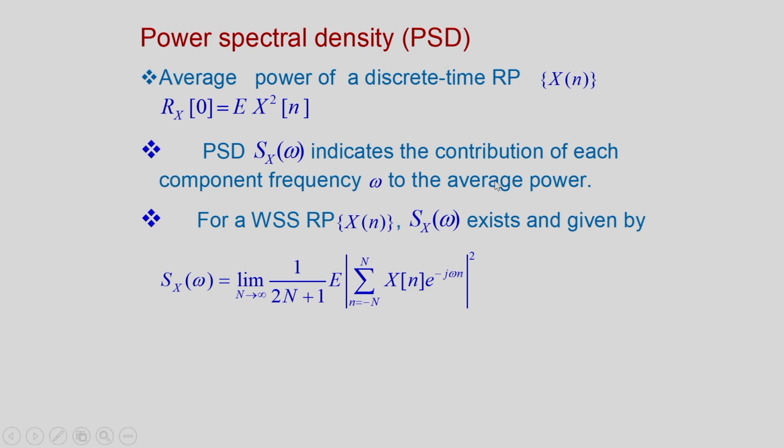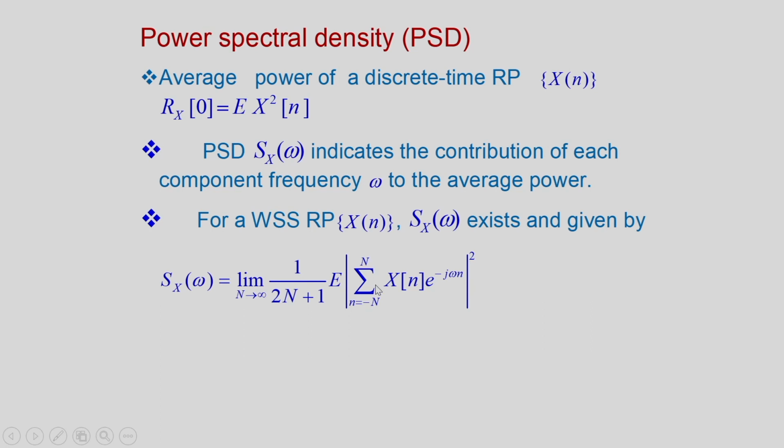And now, how to define S_x(ω)? So, S_x(ω) is equal to the limit N tends to infinity of 1 by (2N+1) times the expected value of the squared magnitude of this quantity. This is the DTFT of X[n], n varying from minus capital N to plus capital N. This is the DTFT of the signal in a window from −N to +N.